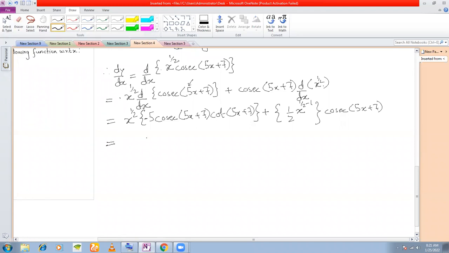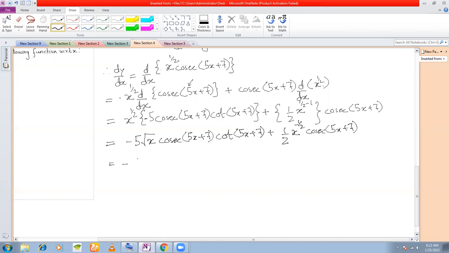Okay. Now we just simplify this a little. So you have minus 5 x to the power of half. You can write this back as root x cosec 5x plus 7 cot 5x plus 7, and you have plus half x to the power of minus half cosec 5x plus 7.